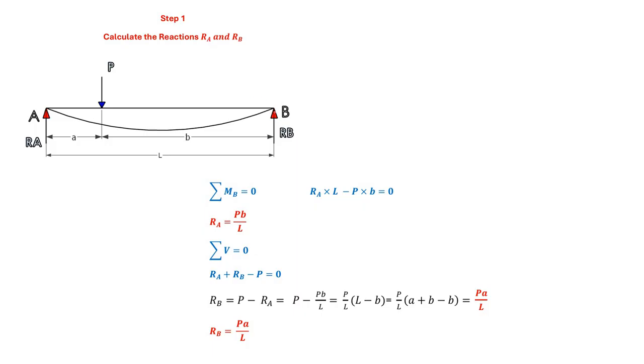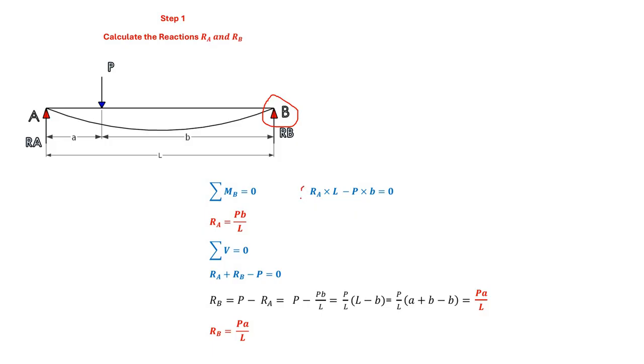So for this, let me take moment about this point B. If you take moment about this point B, summation of all the moments at point B is equal to 0 because this beam is simply supported. So you can see that the first equilibrium equation is summation of moment at B is equal to 0. Now coming back to the fundamentals, this reaction at A multiplied by L is creating a clockwise moment.